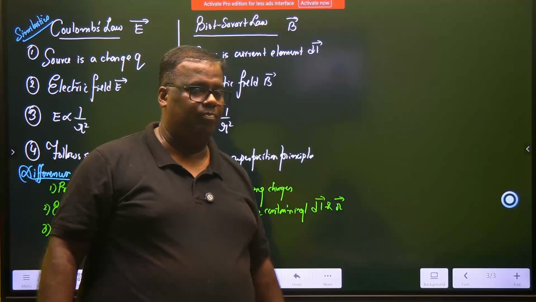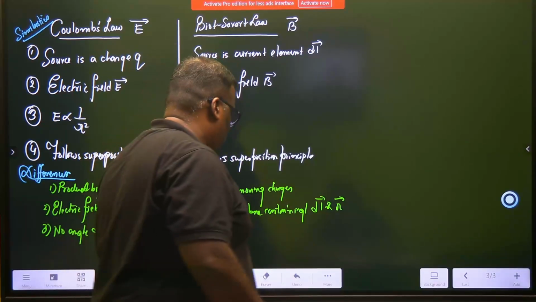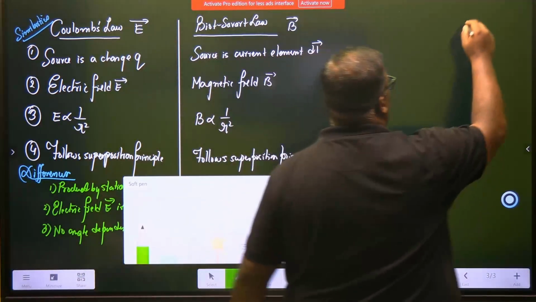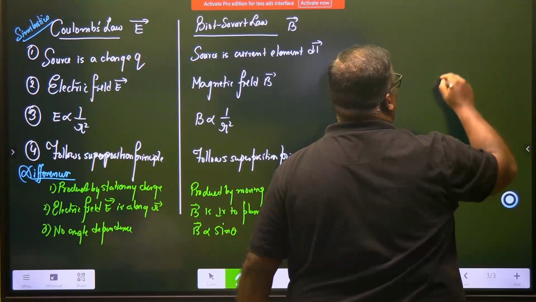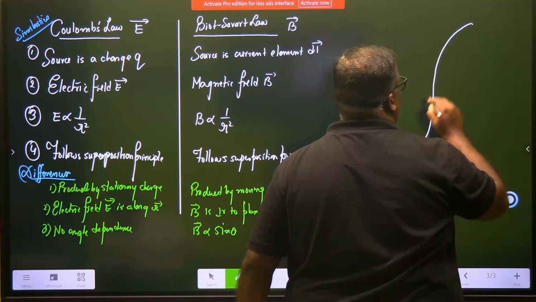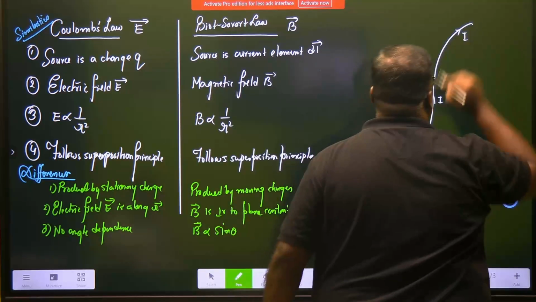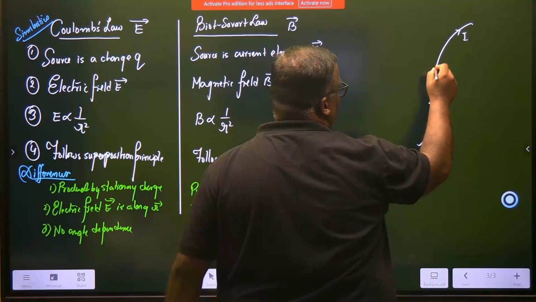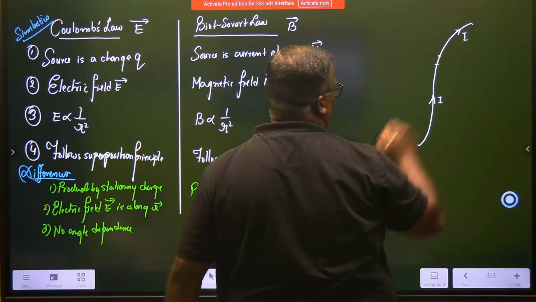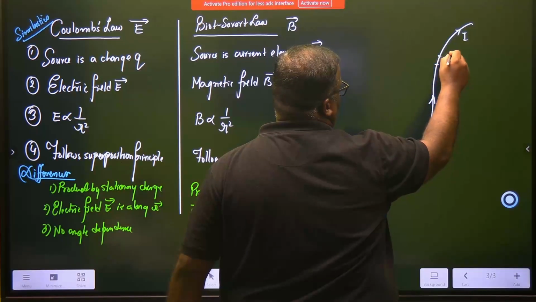what we are trying to say is something like this. If you understand this, then it will be easy for you. Suppose this is I, and I have taken a small current element out here. This is my current element, which is say dl.